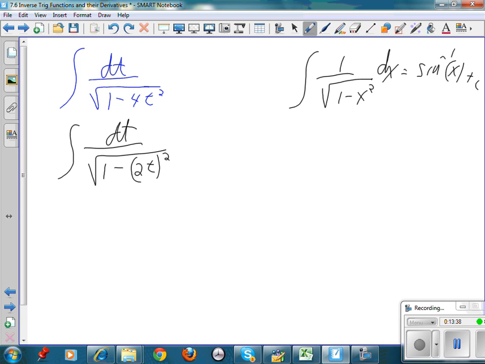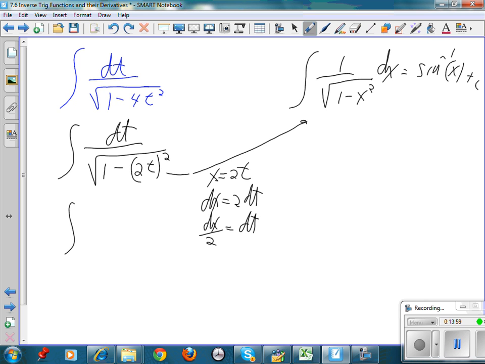And now I'm going to do just a little substitution to try to make this look like that. I'm going to let x is equal to 2t. dx is equal to 2 dt, or dx over 2 is equal to dt.